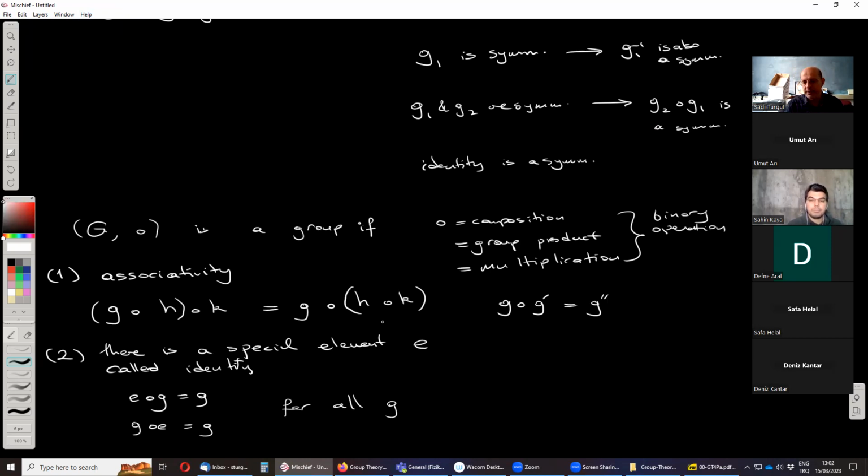So as a function, for example, it's the identity function. It doesn't do anything. It doesn't change anything.